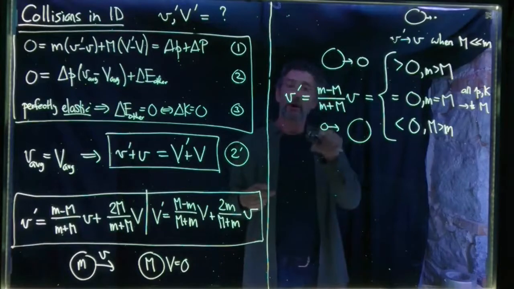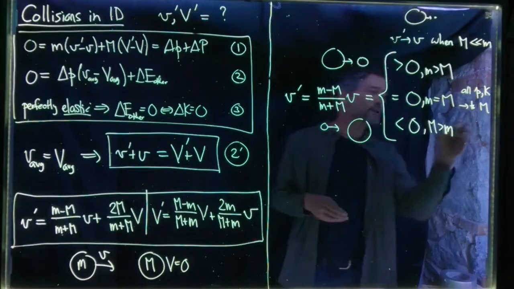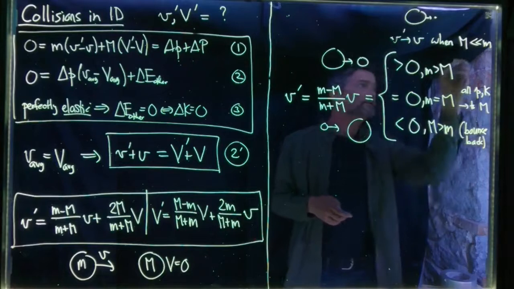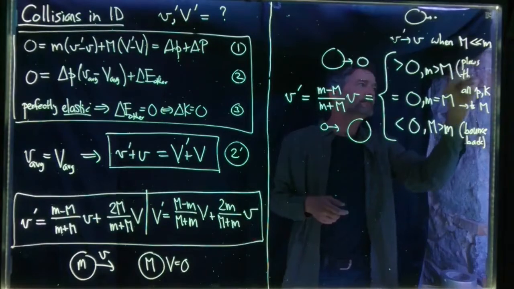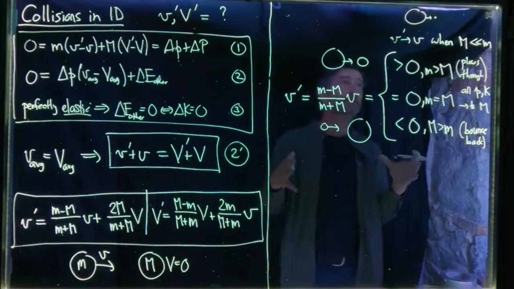And v prime is negative, it bounces back. Okay, so this is bounce back. This is plows through. Does not bounce back.